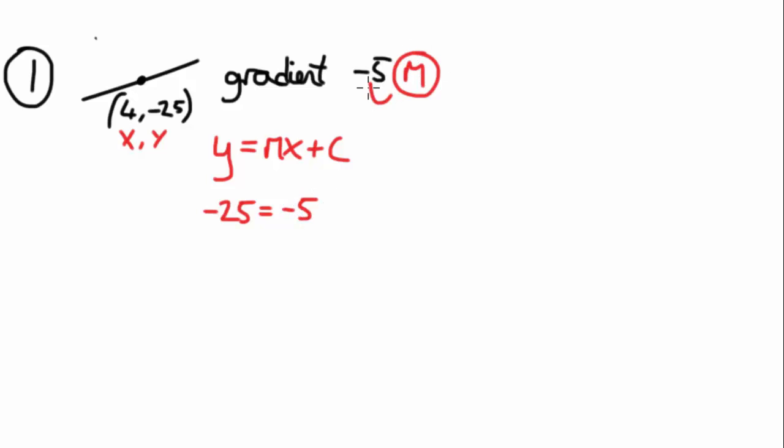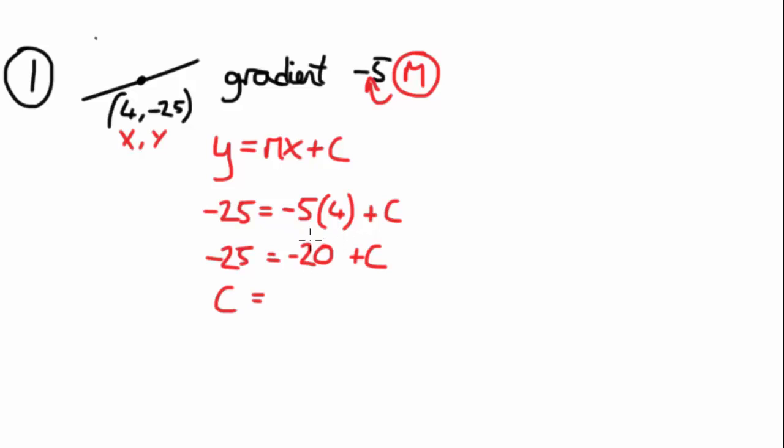So that is minus 5, and we're going to times that by 4, and then we go plus c. So minus 25 is equal to minus 5 times 4, which is minus 20, plus c. So c minus 20 equals minus 25.